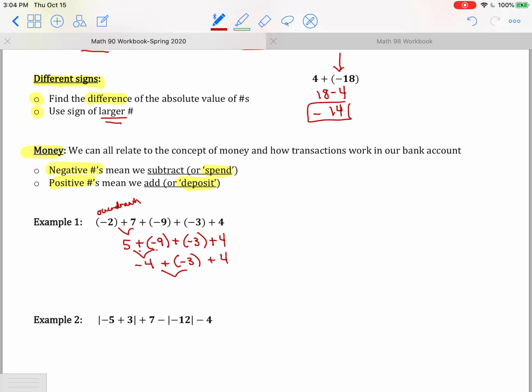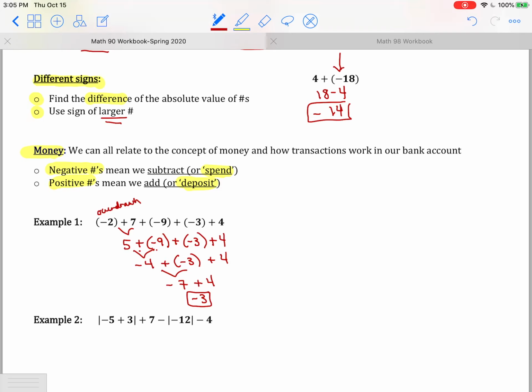We go to Starbucks again. -4 plus another -3. Now we're overdrawn by 7, and we've only got $4 to deposit, so unfortunately we are still overdrawn by $3. Okay, so that's kind of how we would think through those positives and negatives using the idea of money. That's just one more option.